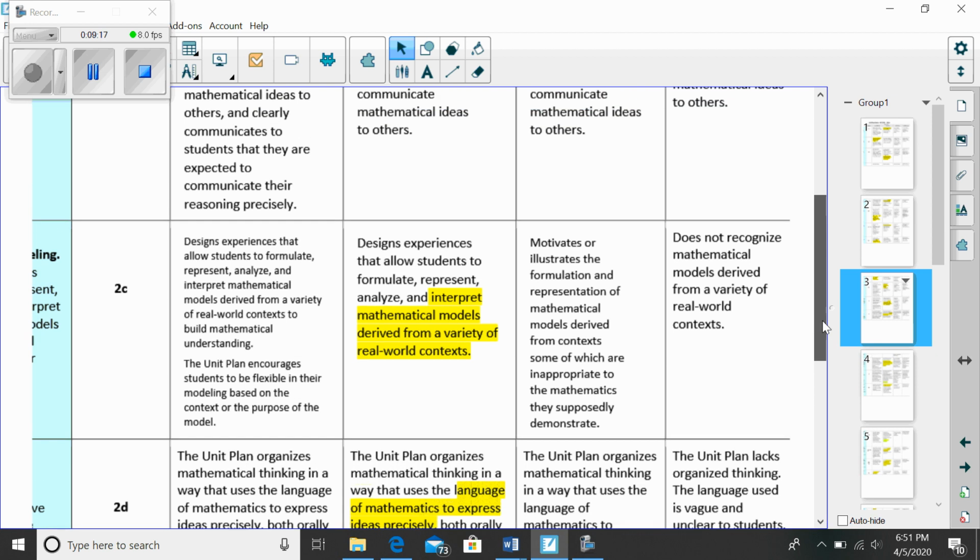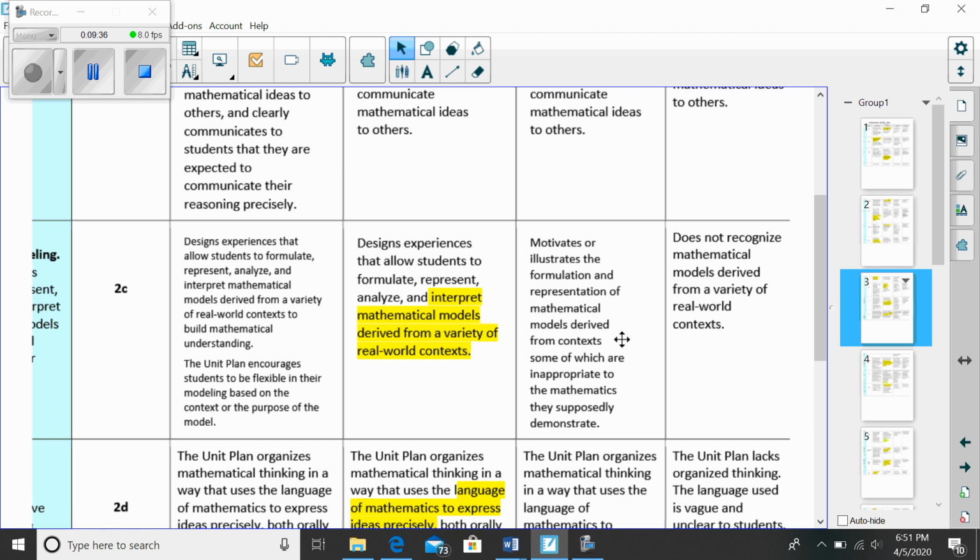And back to this one. Again, mathematical models derived from a variety of real world contexts. Again, this is probably somewhere that even getting a 3 is a tall order, because you have to talk about a variety of real world contexts.